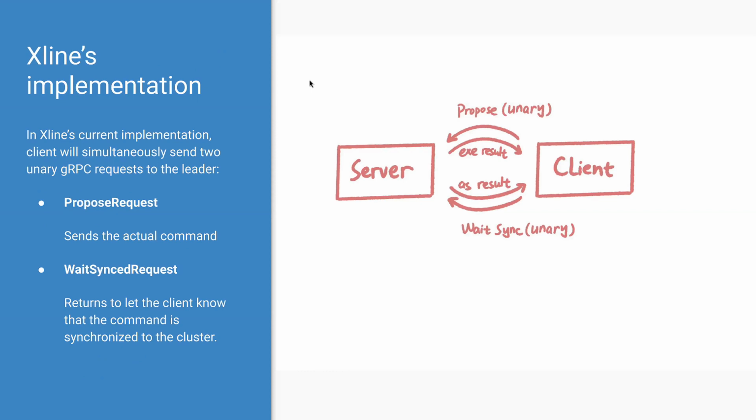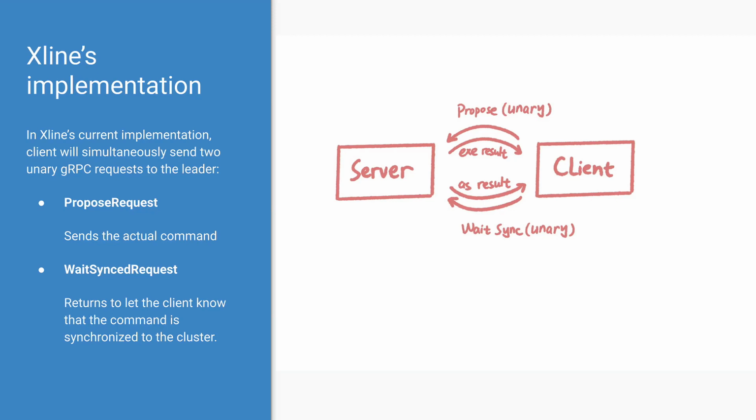In the implementation of Xline, the client will simultaneously send two unary gRPC requests to the leader. One is for proposing a request, and it contains the actual command, and the other is for waiting for synchronization.